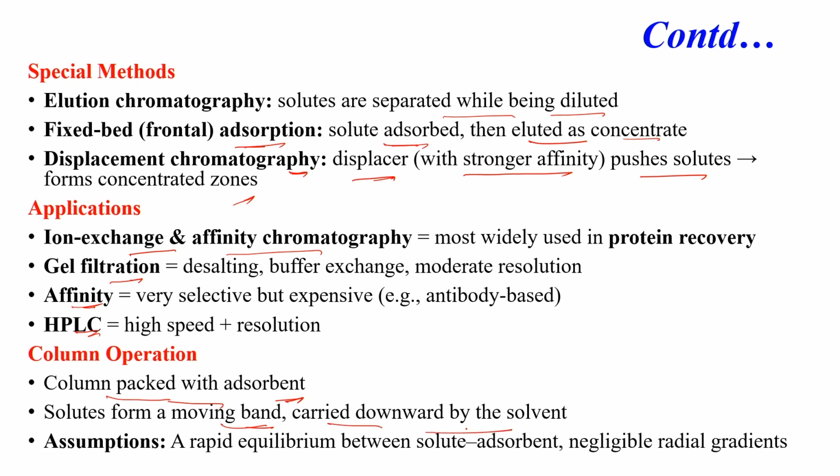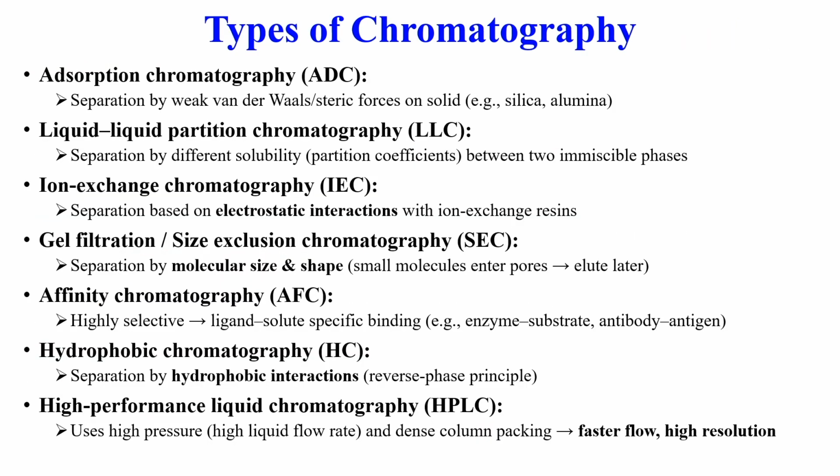In column operations, this material or stationary phase is packed, and then the solute is passed through it, and once it goes out, it forms different bands. There are certain assumptions, like rapid equilibrium between solute and adsorbent, and negligible radial gradients. Now, depending on the solid matrix, if it has affinity with the solute through adsorption, like silica or alumina, with weak van der Waals or steric forces on solids, it is called adsorption chromatography.